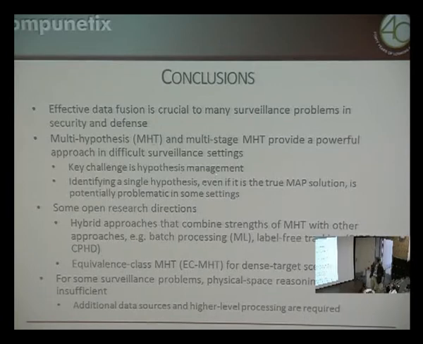The obvious challenge that we all know about in the MHT approach is hypothesis management, and multi-stage MHT turns out to be a simple way of doing sophisticated hypothesis management without trying to do it in a sophisticated centralized fashion.